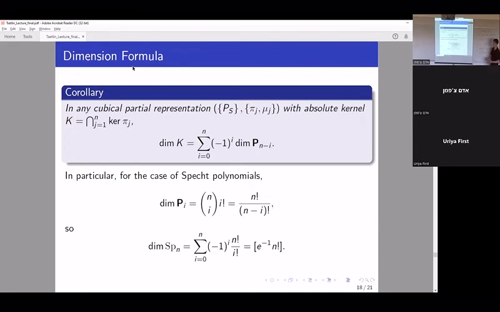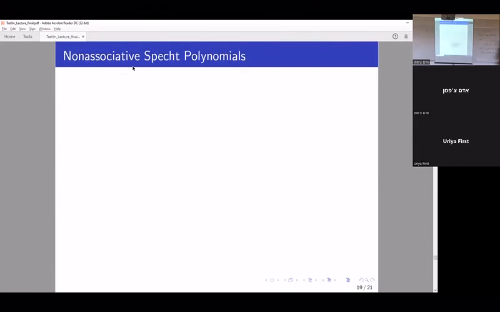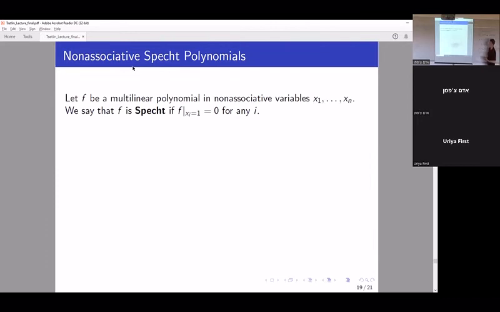Okay, so until now we handled the associative case. So you see that I'm way ahead of time, so I'm sorry it's a bit shorter. But let's talk a bit about the non-associative case, the case of non-associative polynomials. So what do I mean by non-associative polynomials? So again, we have these variables. They don't commute, but also don't associate with each other.